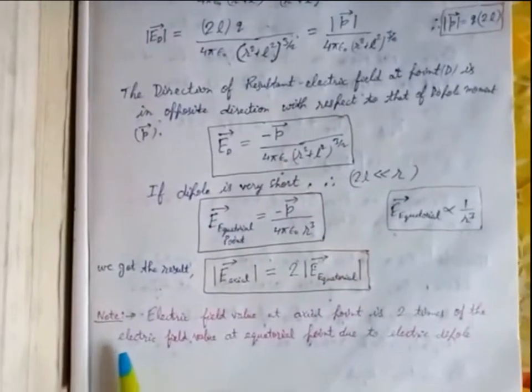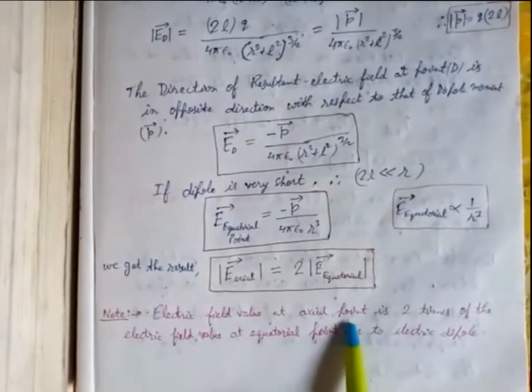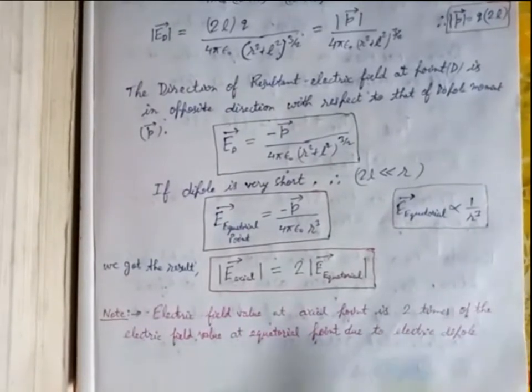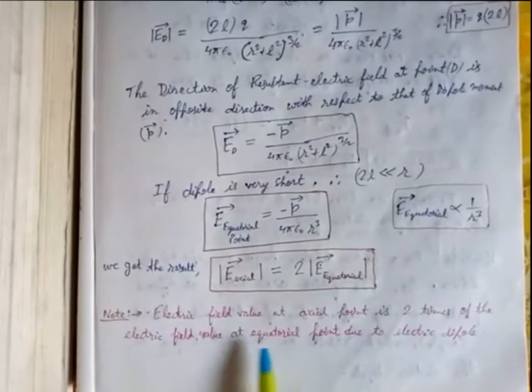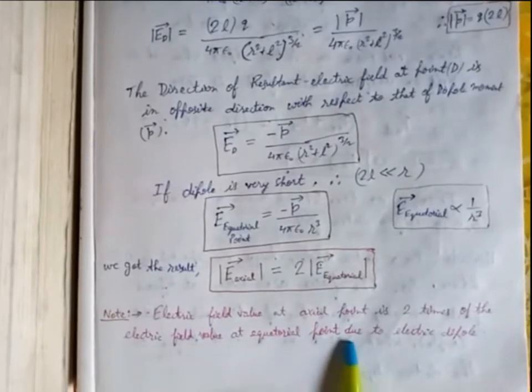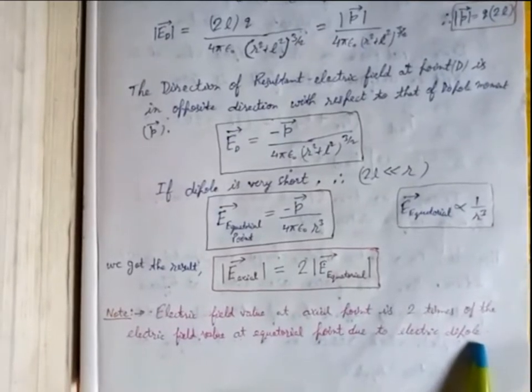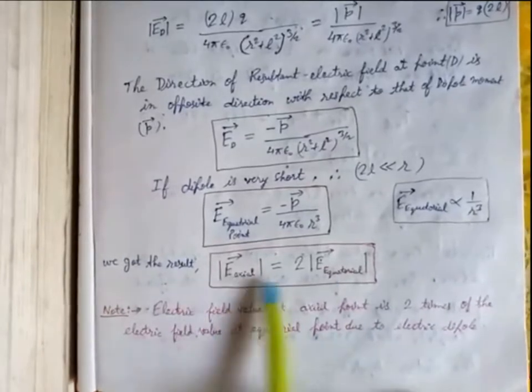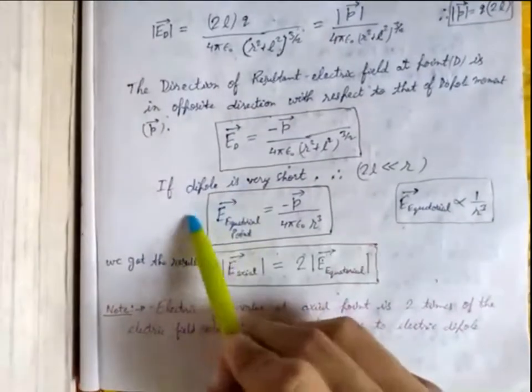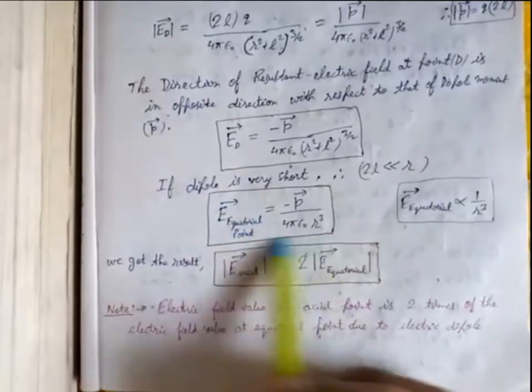So we have the note: the electric field value at the axial point is 2 times the electric field value at the equatorial point due to an electric dipole. So this derivation is also very important.